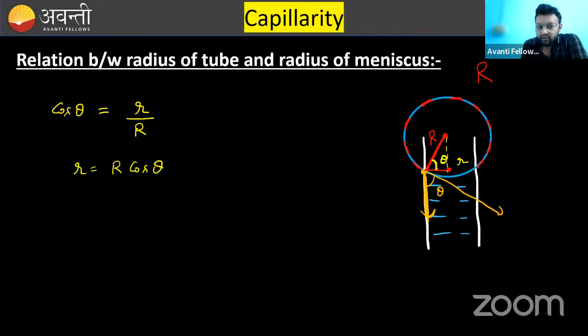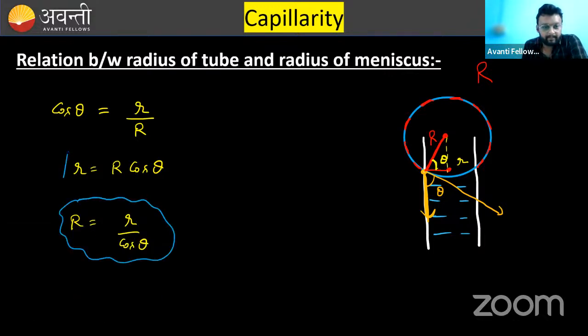You may also write it as R is equal to small r upon cos theta. Whatever you write, the relation is this on your screen. You can use either of the relations.